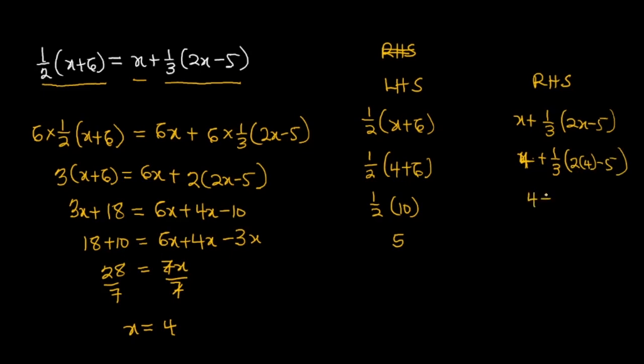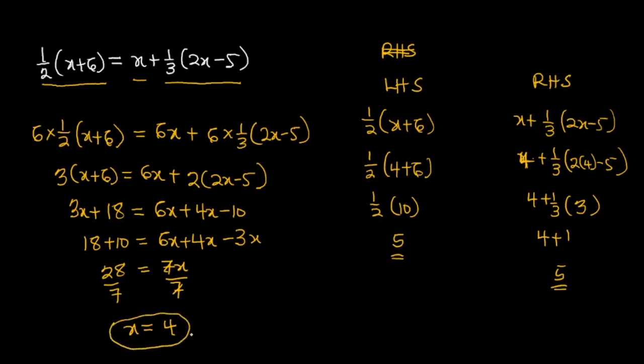So we have 4 plus 1 over 3, 2 multiplied by 4 will give us 8, minus 5, that will be 3. Now 1/3 of 3 is 1, so we have 4 plus 1/3 of 3 is 1. So this will give us the final answer of 5. So we have 5 on the left hand side, 5 on the right hand side. So this means our answer, which is x is equal to 4, is correct.